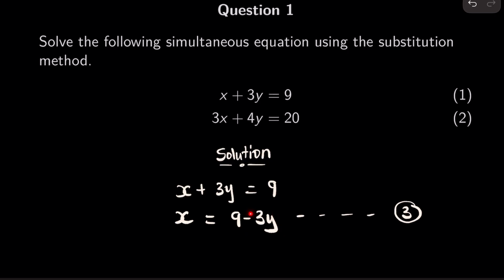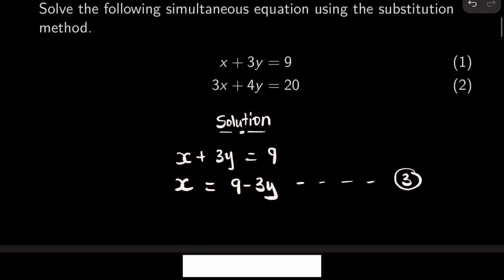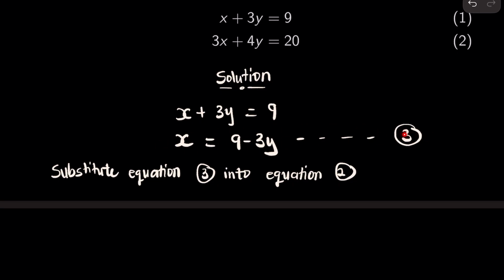Now we are going to substitute equation 3 into equation 2. We leave equation 1 out because we made x the subject from equation 1. So we have to substitute x into equation 2. Our next step is to substitute equation 3 into equation 2.